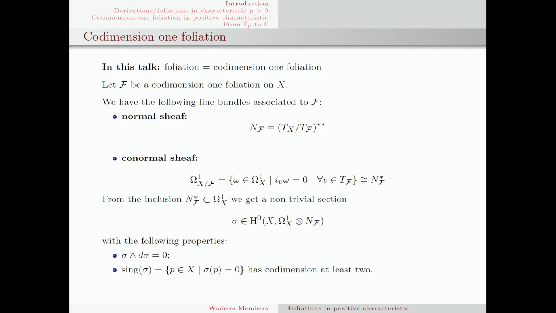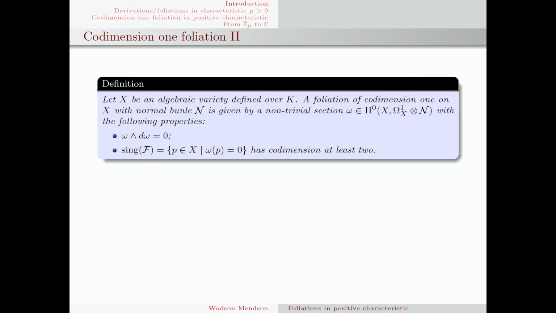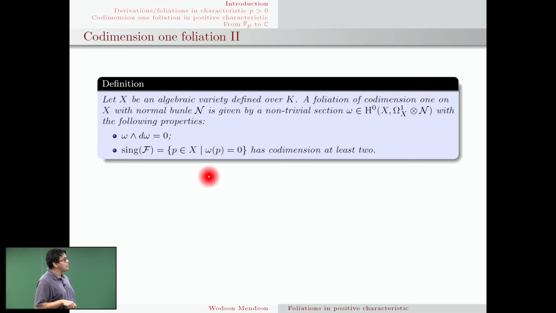Torsion free, yeah, thank you. So we have definition 2 for codimension 1 foliation with normal bundle N that is given by a non-trivial section omega, which has the properties that we saw in the previous slide.